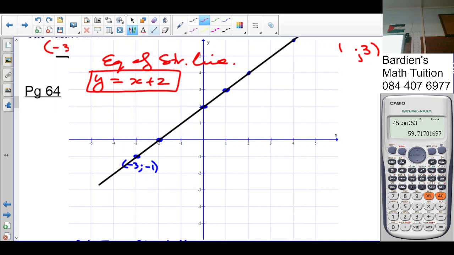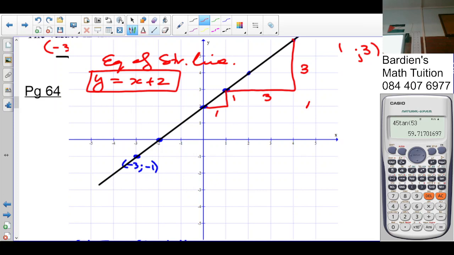Now, if you look at this here, how many units does this x go across here? 1. And here? 1. From there to there, how many units is this? 3 and 3.